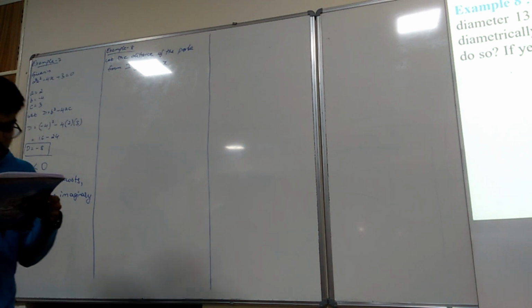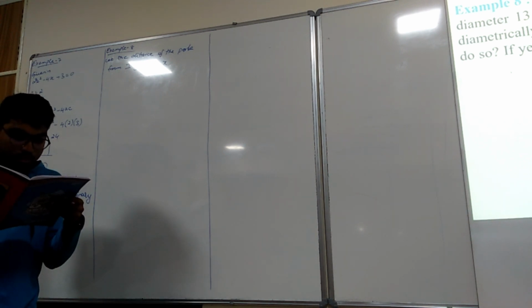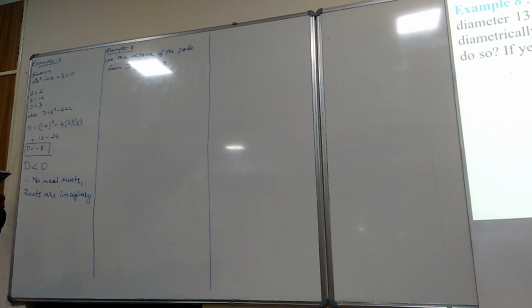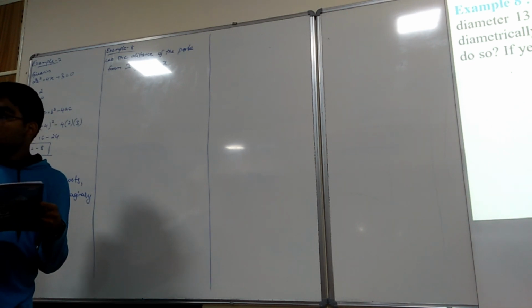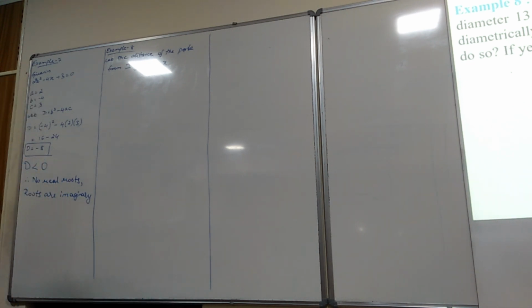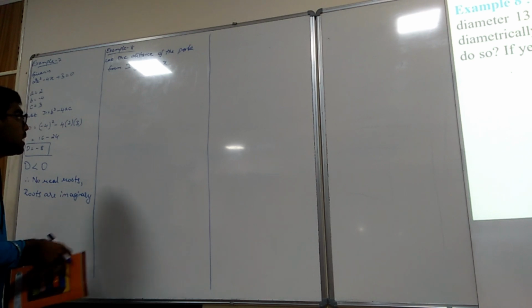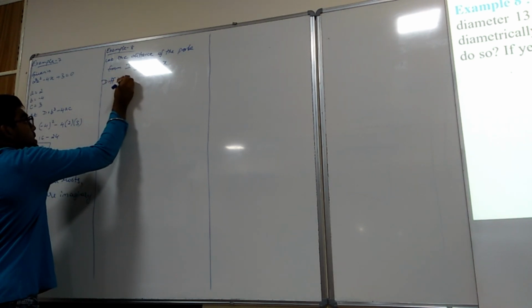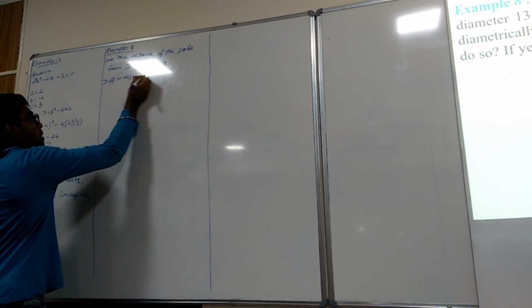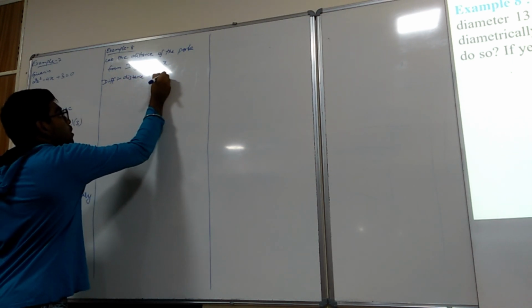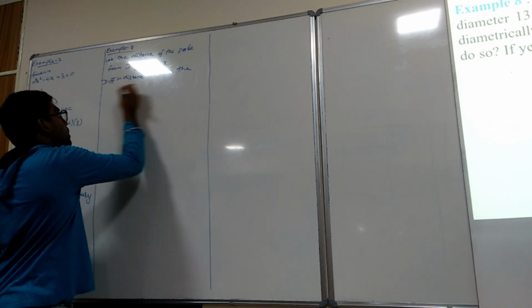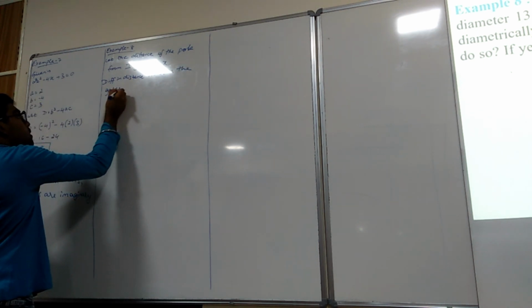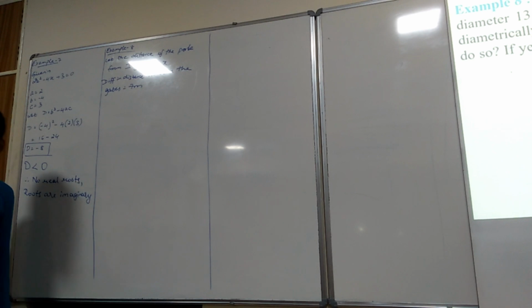So if you see the question, the difference between both the gates is 7 meters. Difference in distance between both the gates is equal to 7 meters.